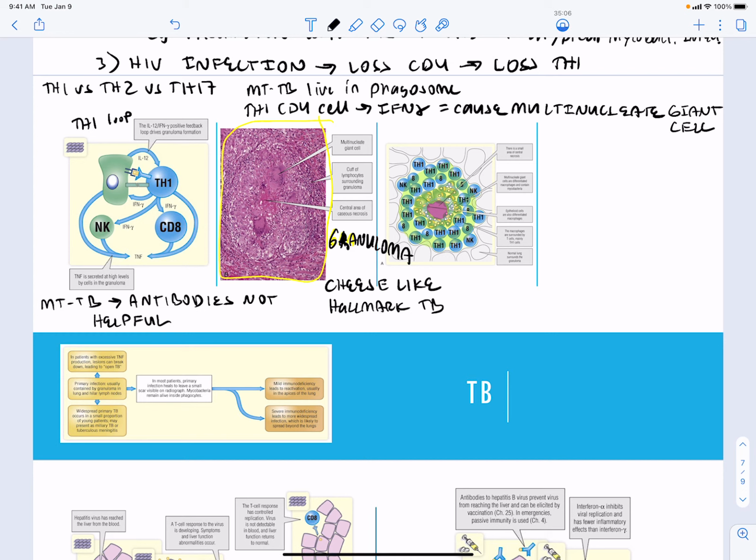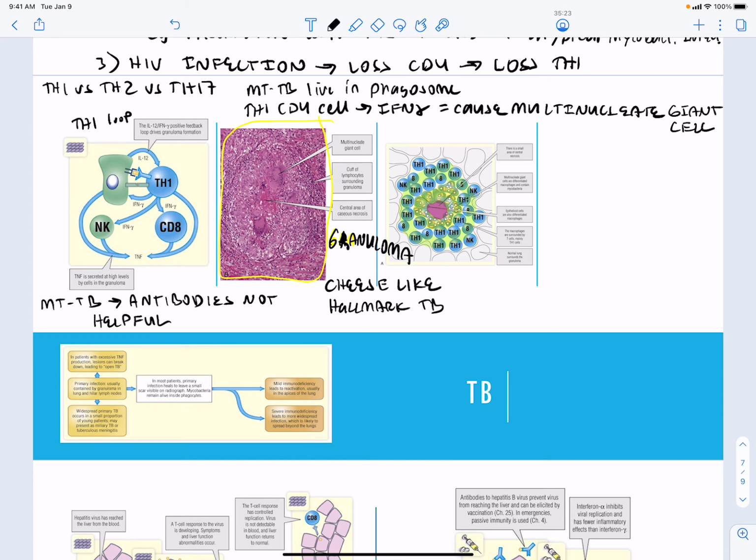Now, also keep in mind that these necrotic centers in patients with active TB are what the patient is actually coughing up, and they're filled with the bacterium, and so that's what is actually spreading the bacterium.